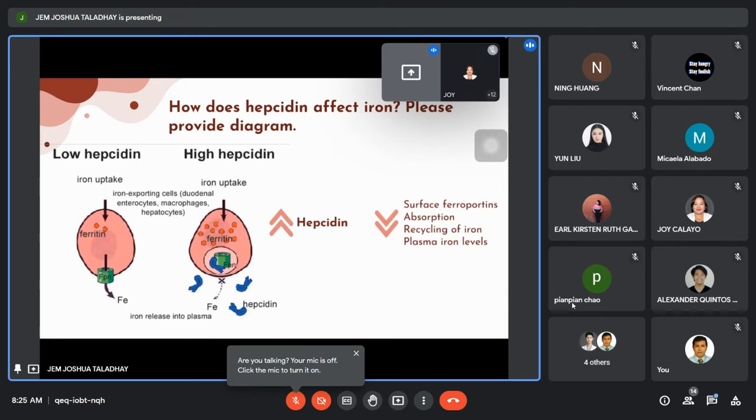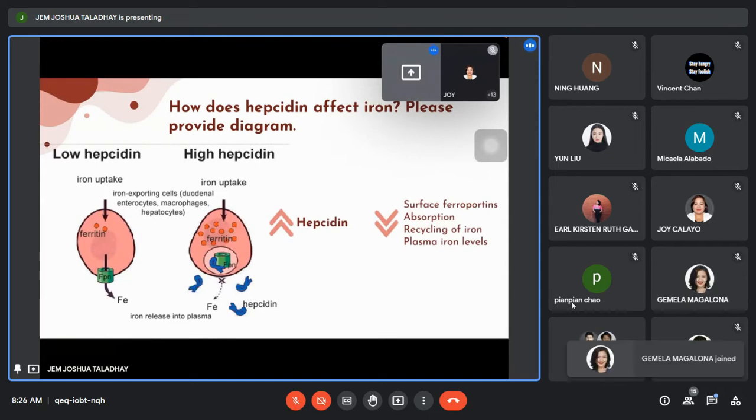As shown in the diagram, low hepcidin allows iron to pass from inside the cell outside, leaving a low number of iron in the iron storage protein, the ferritin. Meanwhile, if there is a high expression of hepcidin, the hepcidin attaches to the ferroportins, therefore not allowing all the iron absorbed by the cell to go out into the blood plasma, leading to low plasma iron levels.